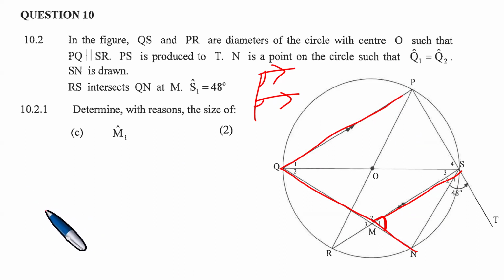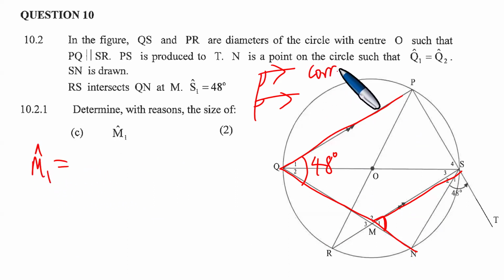Corresponding. Yes, they're corresponding. Well done. We already know that this angle Q is equal to 48 degrees. So it means that angle M1, which is what the examiner wants, these angles are called corresponding.